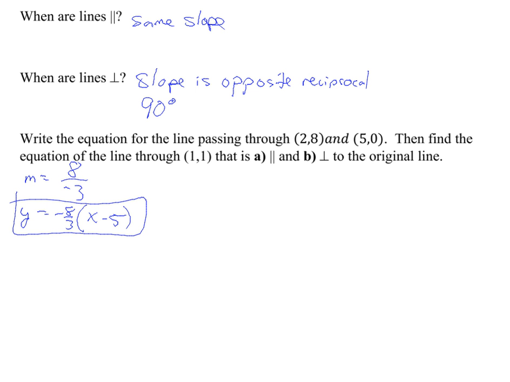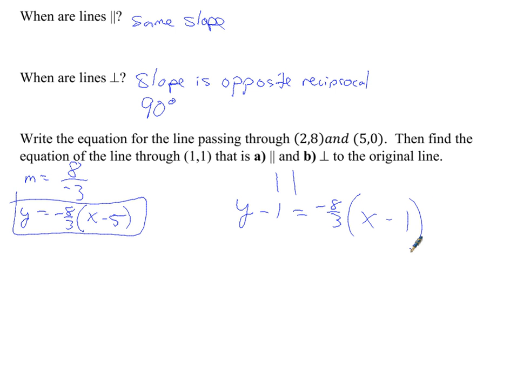Now, we want a line that is parallel to this line and perpendicular to this line that goes through this point. Guess what? Point slope form again. Here's my parallel line. What am I going to write? For parallel, negative 8/3 times x minus 1.